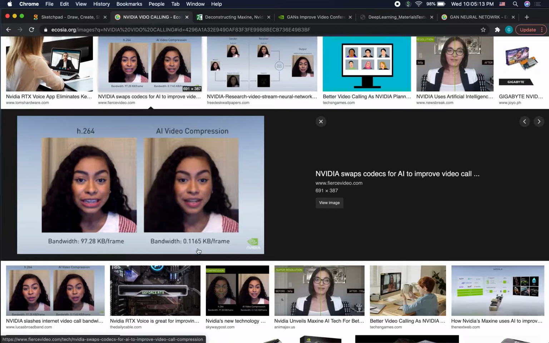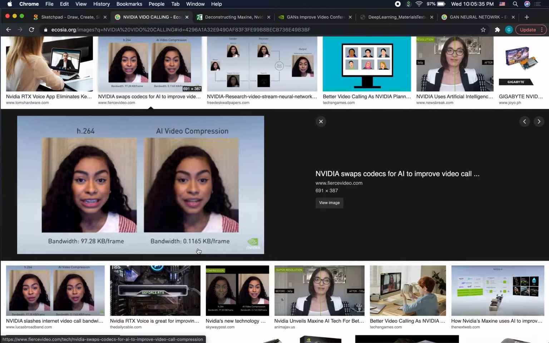They only used 0.1165. That's over 100 times improvement, nearly 1,000 times improvement in how much less data they used. Nearly 10,000 times improvement. Wow, just orders of magnitude.